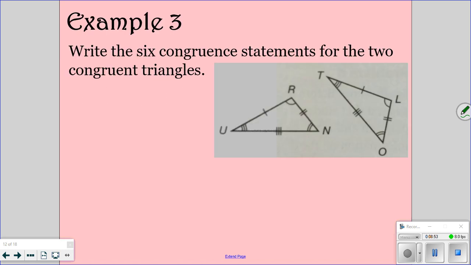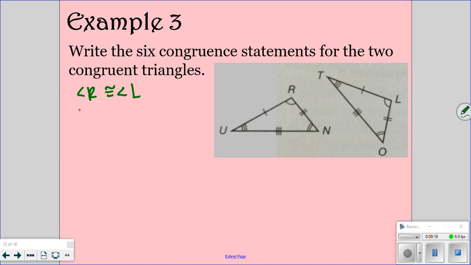So we want to write the 6 congruent statements for the 2 congruent triangles. So on the last example, it said write the congruent statement. That means this triangle is congruent to that triangle. But when it says the 6 of them, that means you've got to do 3 for your angles and 3 for your sides. So angle R is congruent to which angle?